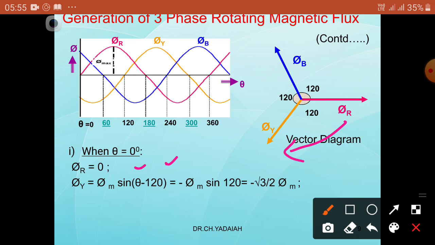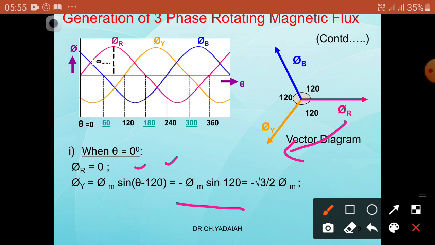Writing 120 as 90 plus 30, we get minus cos 30 degrees, which is equal to minus root 3 by 2 into phi m.